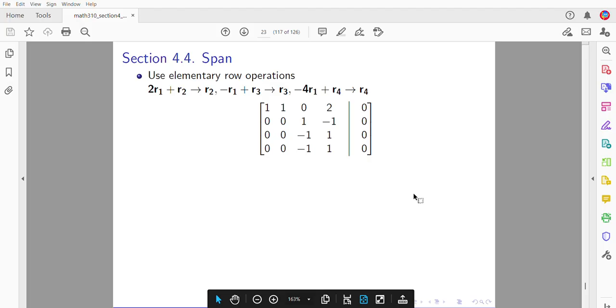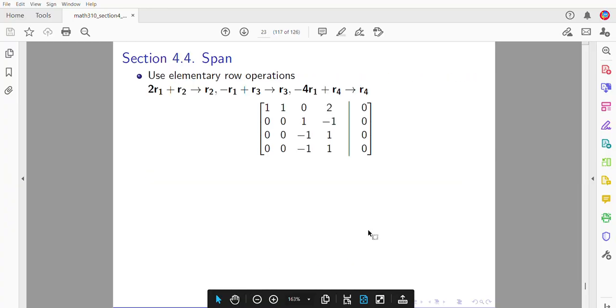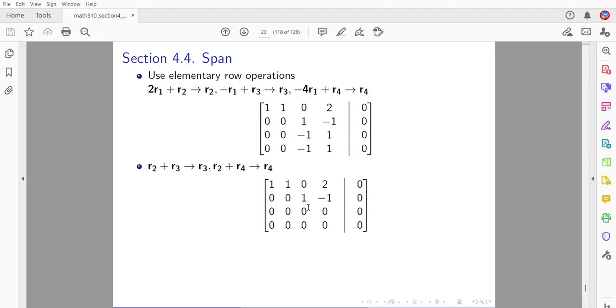We are trying to reduce it. So we already have a 1 here, get zeros here using row operations. All right, turned out I got zeros here as well. Now I have a 1 here, I can get zeros below it. When you do that, you get zeros everywhere. So you are done with the row echelon form. And this is in fact reduced row echelon form.